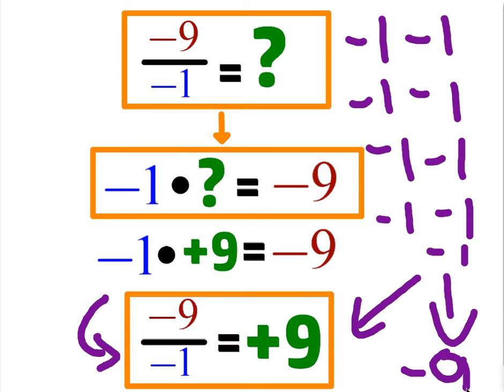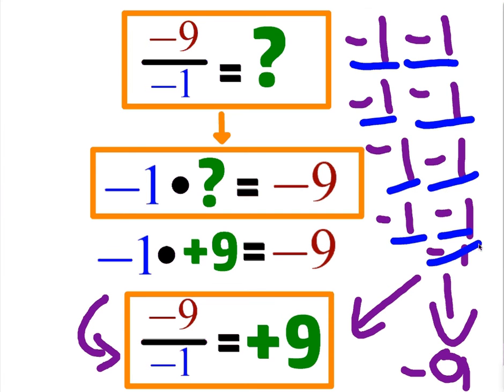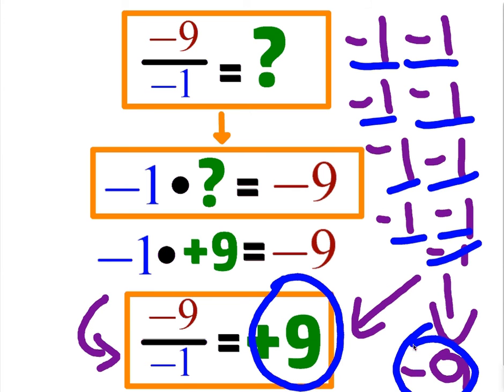Sorry, I got a little confused. How many times did we add this? We added it 1, 2, 3, 4, 5, 6, 7, 8, 9. The number of times we added is going to be our answer. Remember, division is just how many times does something add up to give you a certain number. So we added negative 1 nine times, and we got negative 9, which was our numerator.